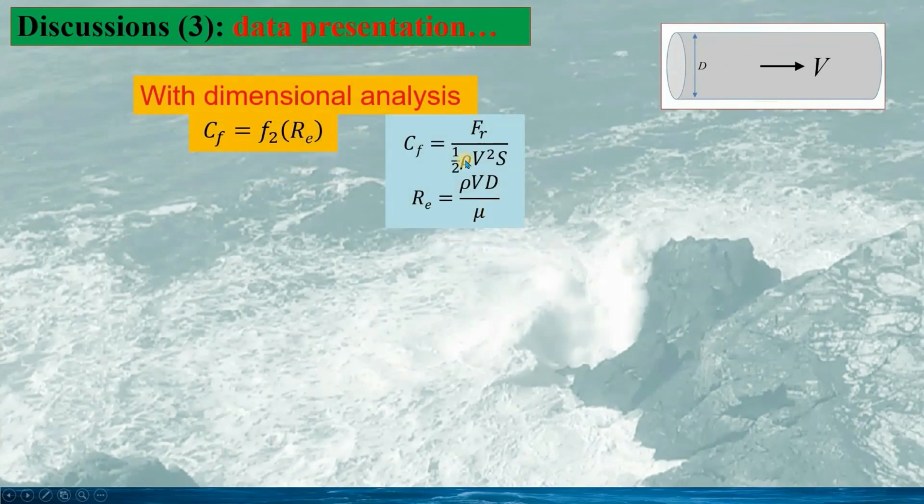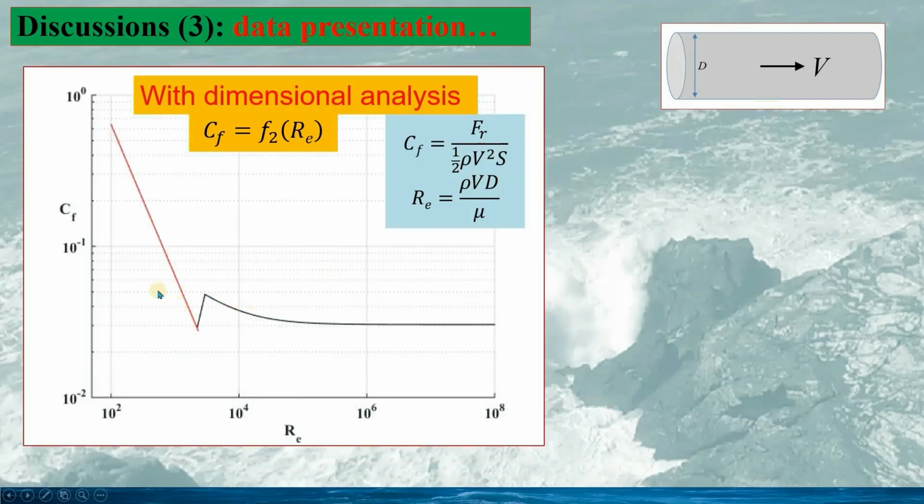If we use the dimensional analysis for the data presentation, we would have the curve as this, the friction coefficient CF against Reynolds number. So this is only one curve. And we can see from the curve, this part, when Reynolds number is low, for instance, less than 2,300, the flow would be laminar.